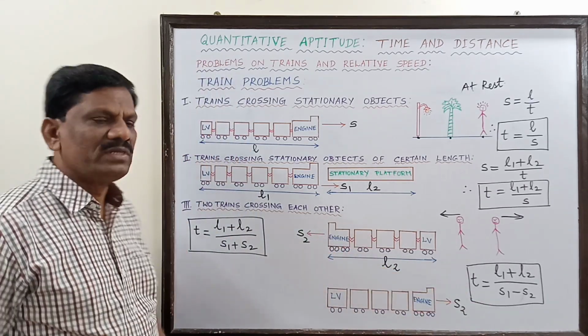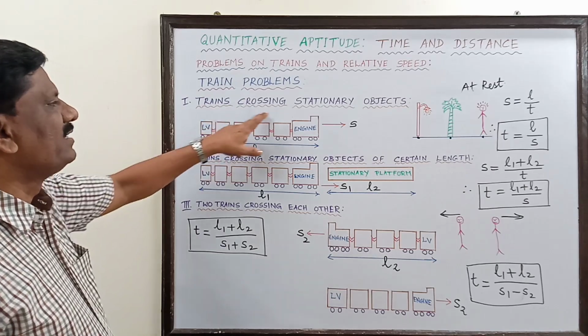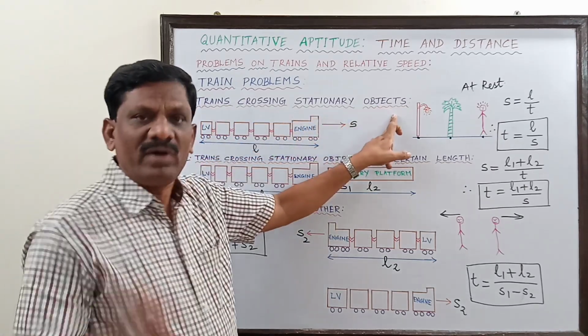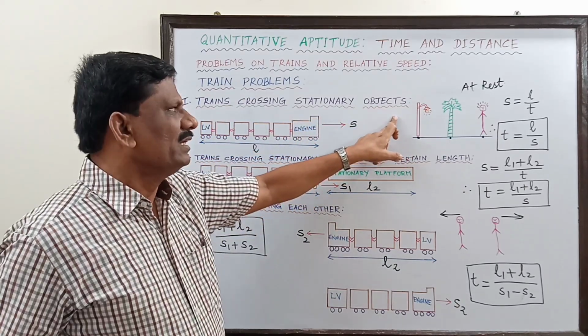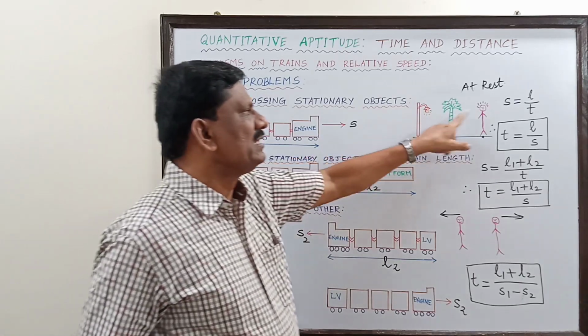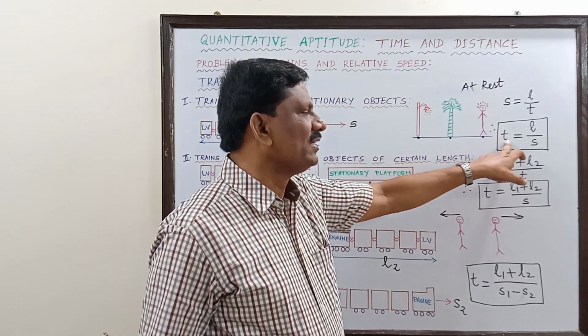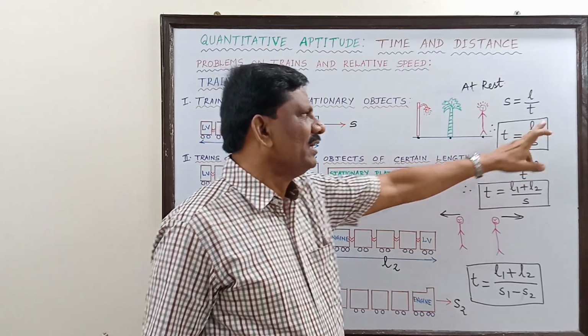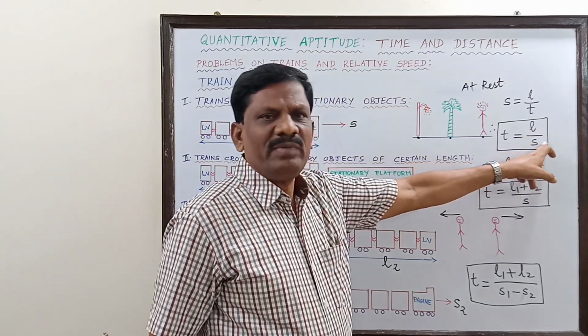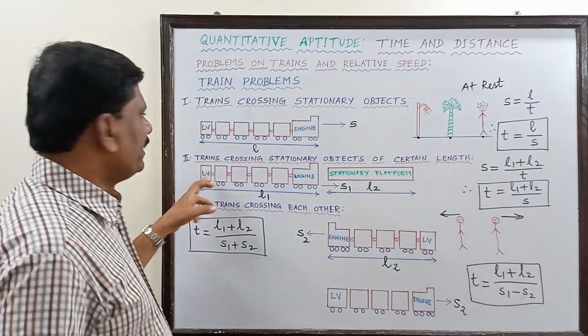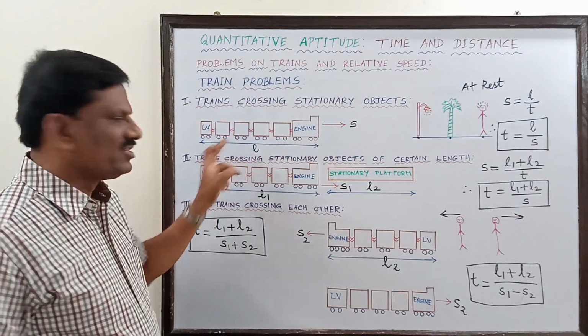So, my dear students, once again I am reminding you that in the first case, trains crossing stationary point objects of negligible size, like a lamppost, tree, or man, which are stationary, the formula is time taken to cross equals length divided by speed, and that length is the length of the train.